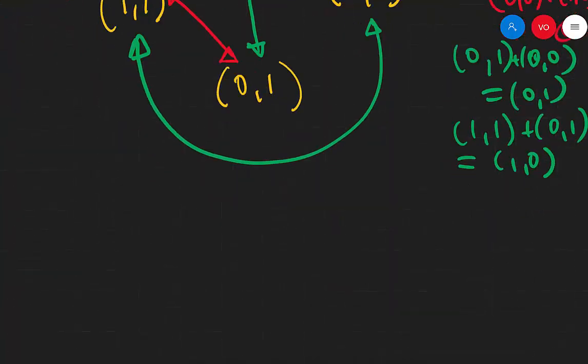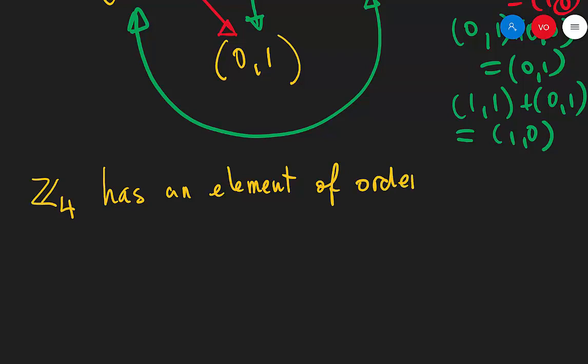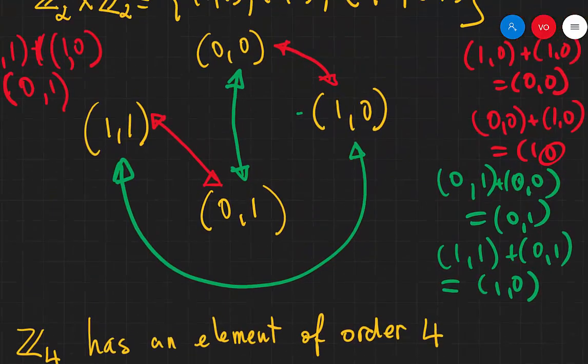So this analysis shows that Z4 has an element of order 4, while in fact, if you try again with 1,1, you will see that if you add 1,1 to itself, you get 0,0. So 1,1 plus 1,1 is going to be 0,0.